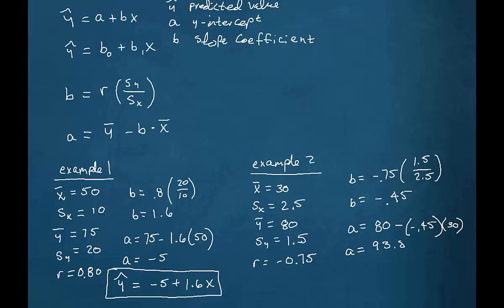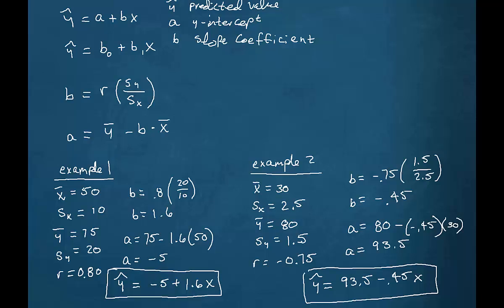So the linear regression model then for this particular example would be y hat equal to 93.5 minus 0.45x.